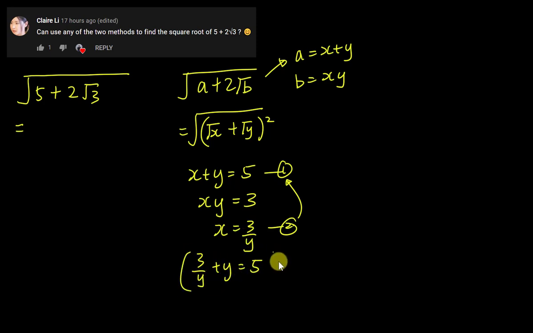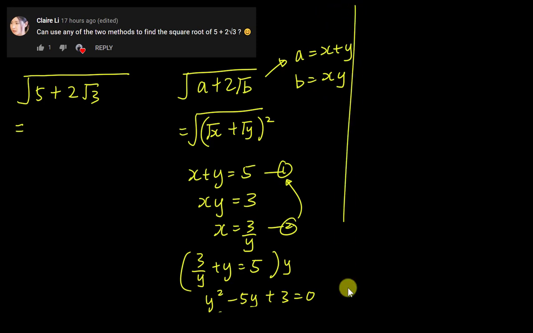I multiply y for the whole equation, so I should have y squared minus 5y plus 3 equals 0. Then I will just factorize. Yeah, I realize I cannot factorize, so I will need to use the quadratic formula to solve it.